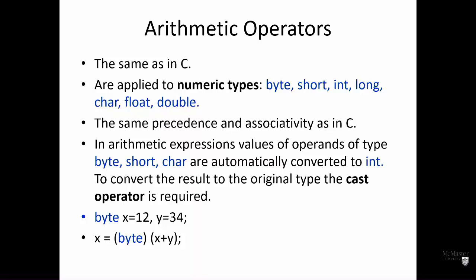Even if here x and y are bytes, you may expect the result to be byte. But in Java, it's not the case. Why is it not the case? Because a byte is 8-bit, and this is signed, so the maximum value is 127, good?